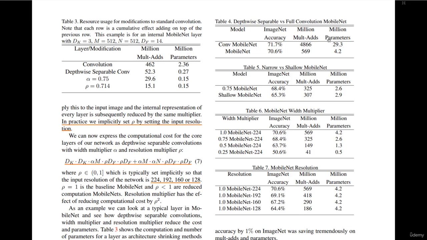But we can notice that the number of parameters greatly drops from 29.3 million to 4.2 million. So this is good enough for us to say we can let go of this 1.7% which has dropped, which we would have had if we were working with a conv layer. Now the number of operations, as you can see, also drops considerably as we move from the conv MobileNet to the MobileNet itself.